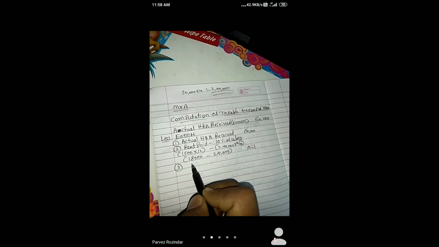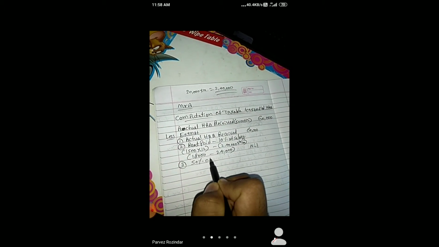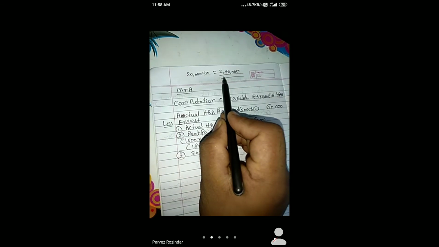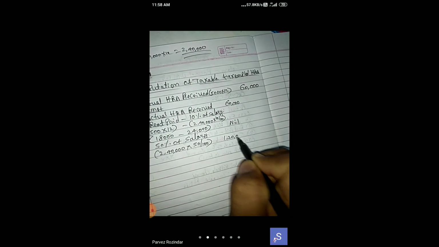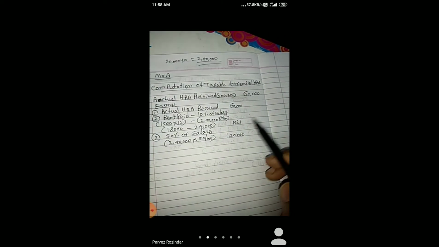Now as we know that he is staying in Delhi, 50% of salary needs to be taken. So the salary is 2,40,000 into 50 divided by 100. So we will get 1,20,000.